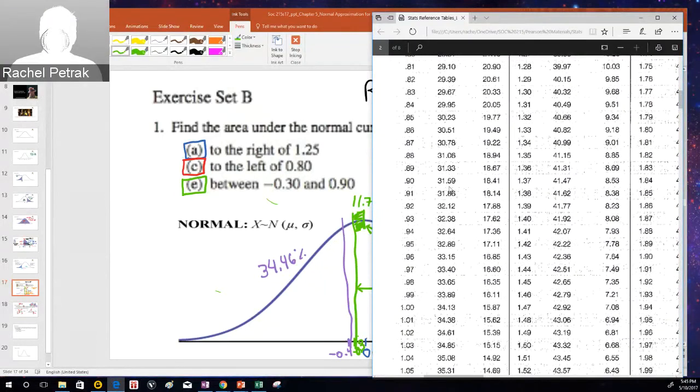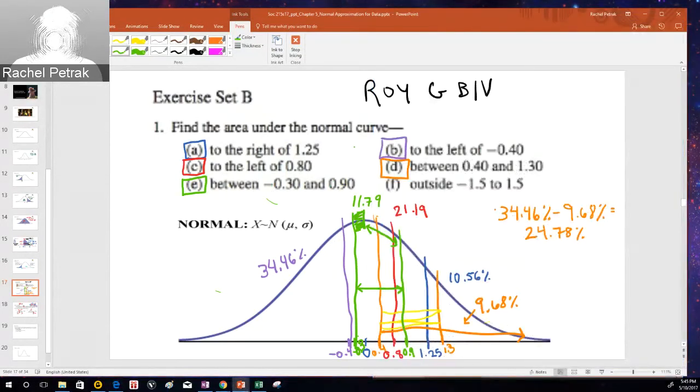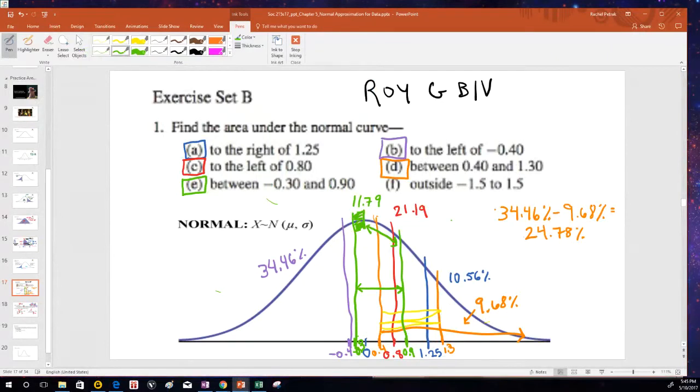Here we go. And the mean to z is a percentage of 31.59. It's this area here.